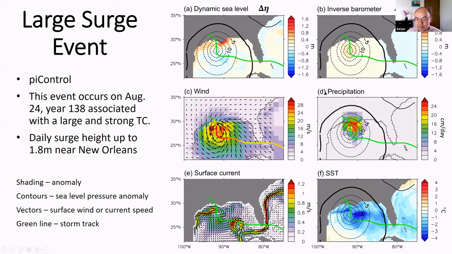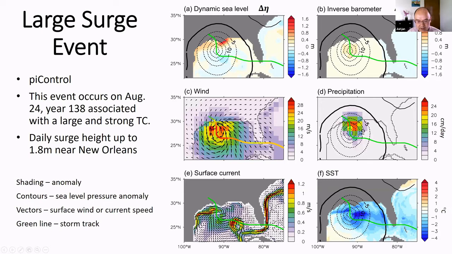Panel D shows the storm precipitation. You see the heavy rainfall coincides with the surge center right here near New Orleans. This heavy rainfall can increase the coastal surge height. Panel E shows the surface current, and you see the narrow and very fast loop current.